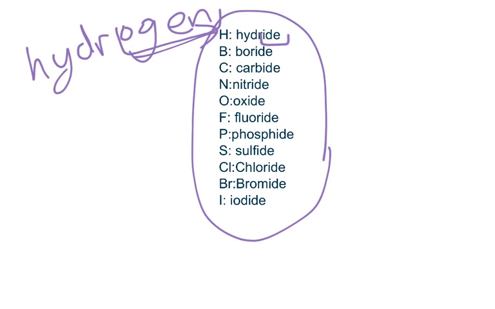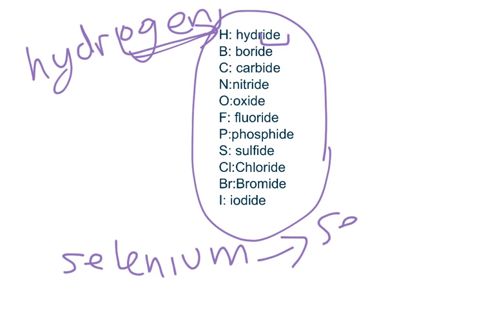But we could do one practice with an element that's not on this list, and I'll show you how to convert an element's name into its "ide" form. Let's take selenium, and let's try to convert it into its "ide" form. Let's make it so that it sounds good, because most of these sound good, so we want to make the "ide" form sound good. I don't know why, but it works apparently. So selenium is selenide.